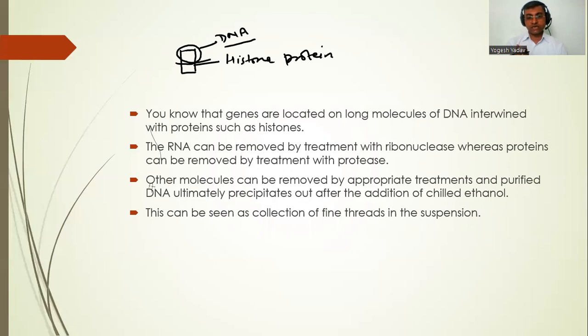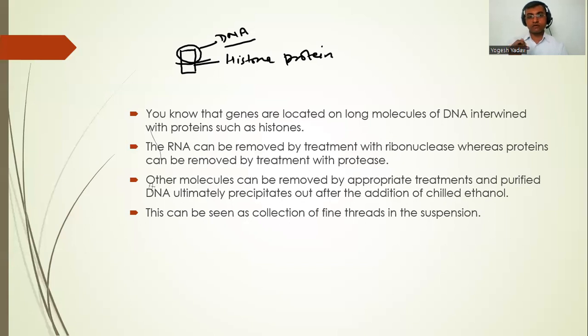So here we see that there are at least 2 main impurities you will find in this DNA. This extracted material is treated with other enzymes also, and these are the proteinases and the RNases. The RNases will remove all the RNA which is present in that suspension.